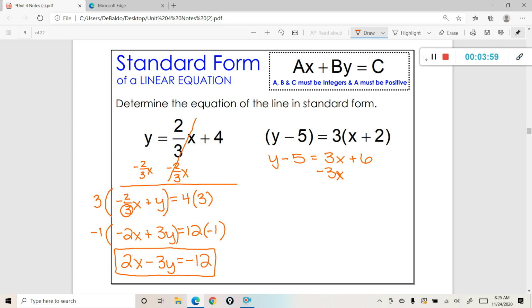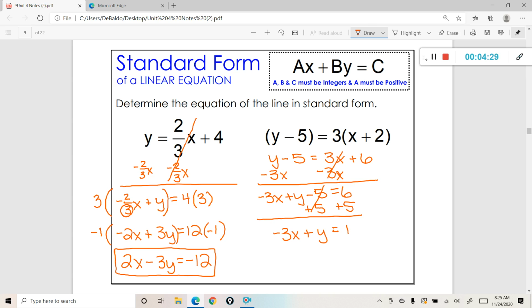I'm going to subtract 3x from both sides using my literal equation skills here. Negative 3x plus y minus 5 is equal to 6. And I would recommend doing everything one step at a time to avoid mistakes. Now I'm going to move 5 over to the right because that's a constant. So I'm left with negative 3x plus y is equal to 11.